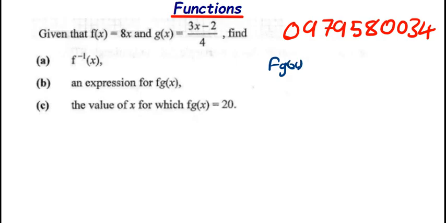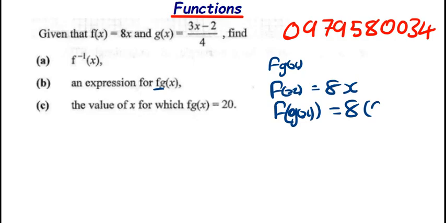Here what you just have to understand is we are beginning with the f. So the function f of x is equal to 8x. Where there's x, they have put g of x, which simply means that where there's x, they have put g of x.